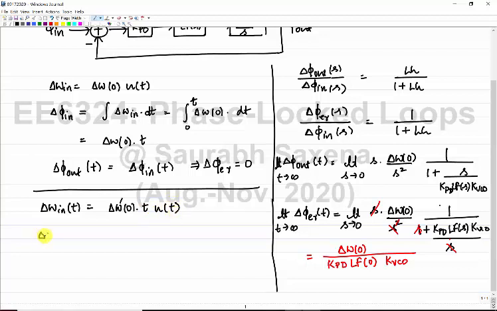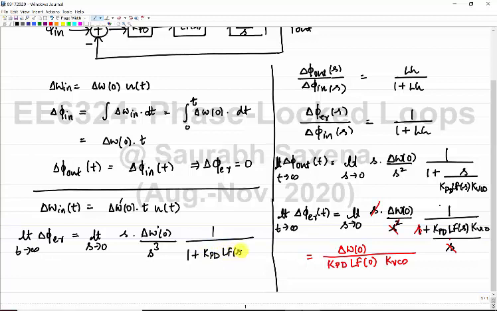For this, the phase error as t tends to infinity turns out to be the limit of s tends to 0 of s times delta omega dash 0 divided by s cube into 1 plus 1 by kpd times loop filter of s into kvco by s.